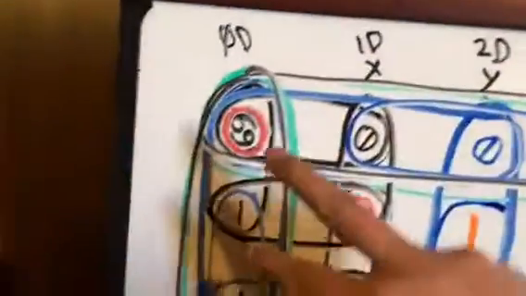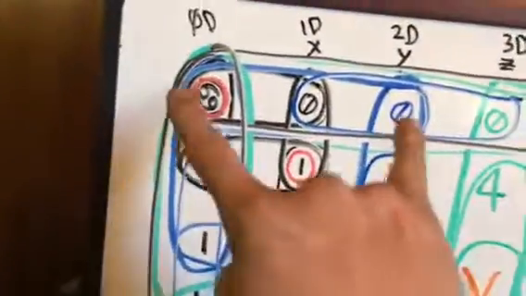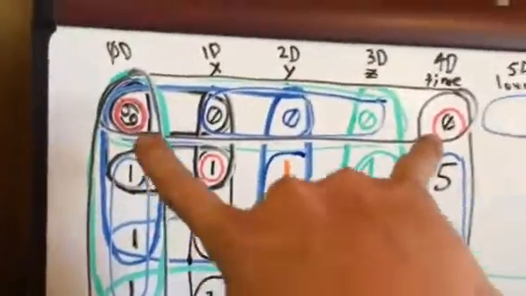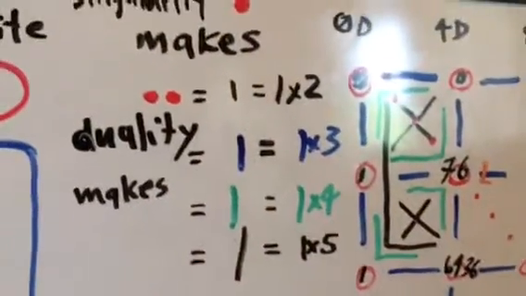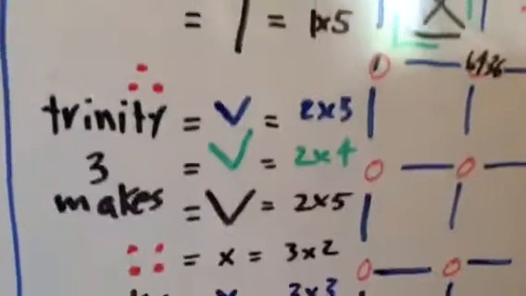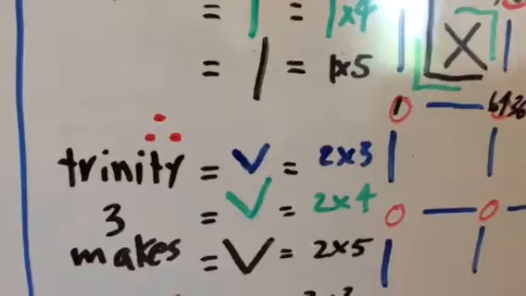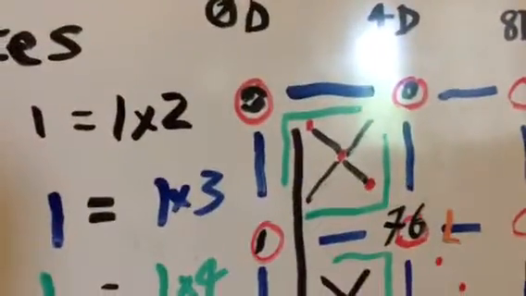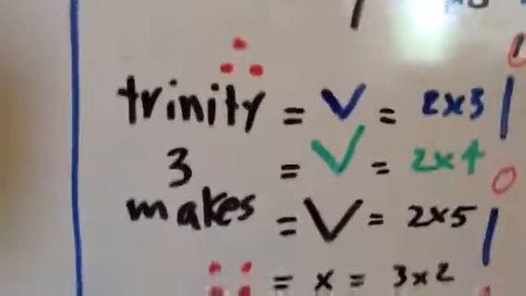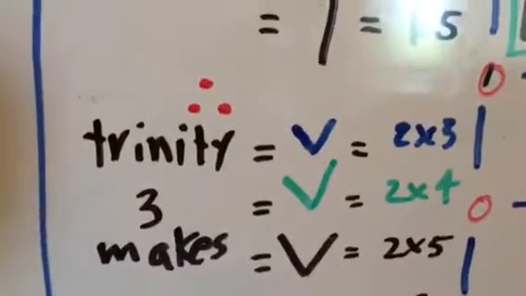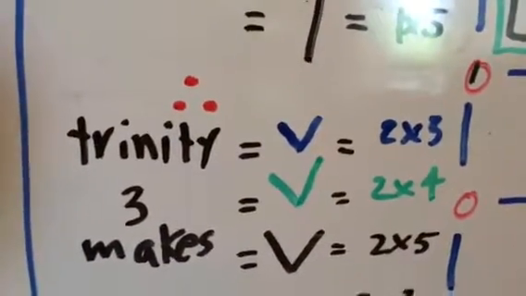A 1 is going to equal a 1x2, a 1x3, a 1x4, a 1x5. It's going to equal all that stuff. But duality also makes the trinity, and the trinity is going to be your V, because you need 3 dots to make the 2 lines needed to make the V. So those are your V's: a 2x3, 2x4, and 2x5.